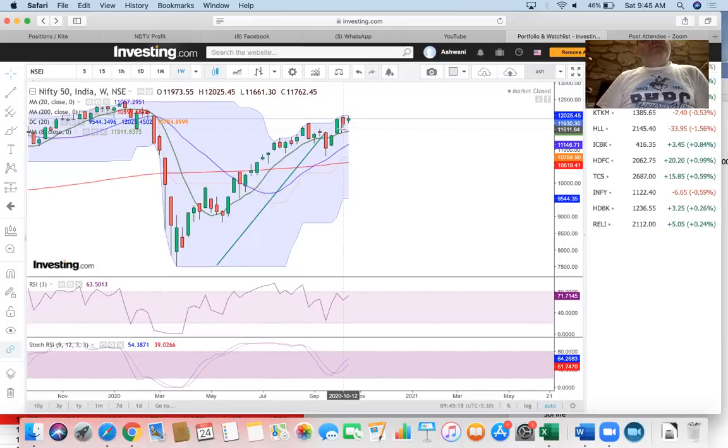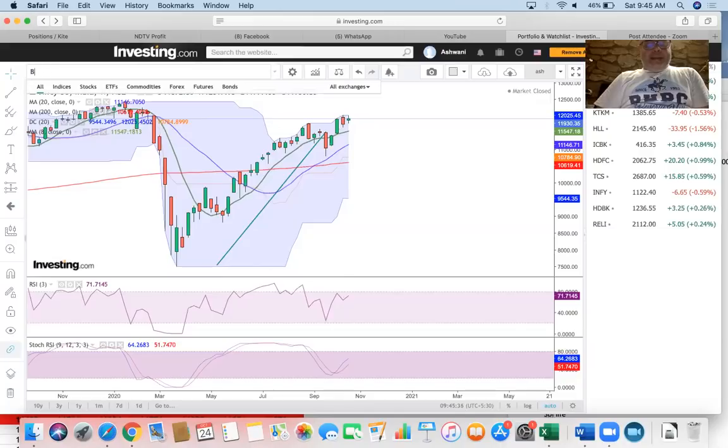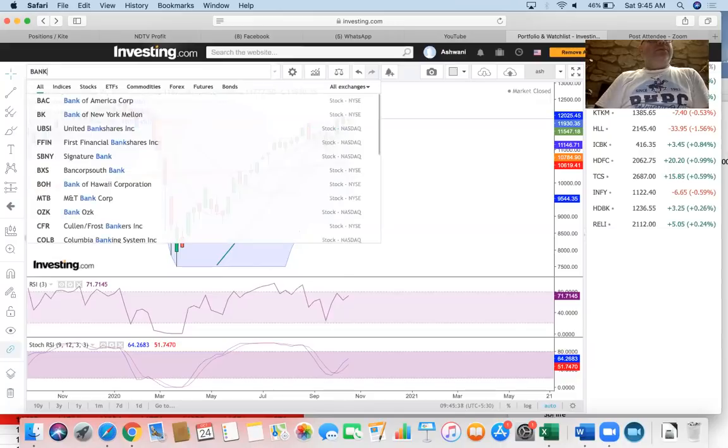So monthly levels are also very useful, because once you get below the weekly low, you have to look for a monthly level.